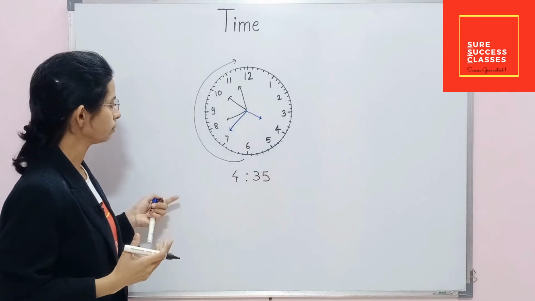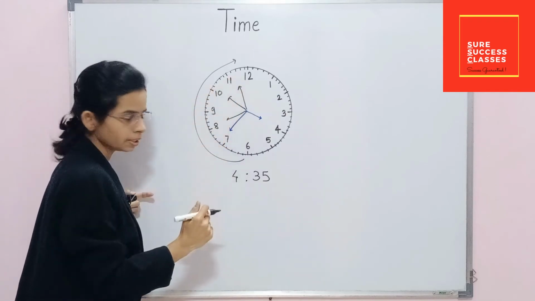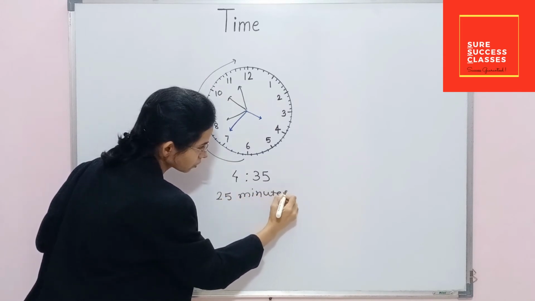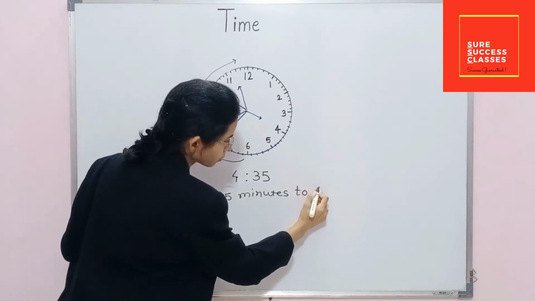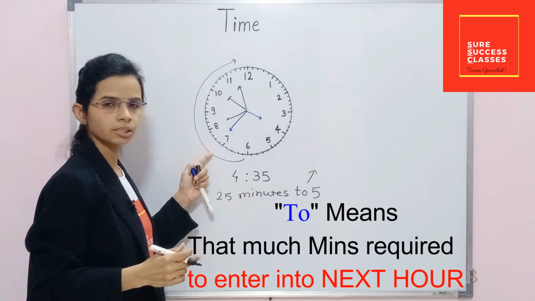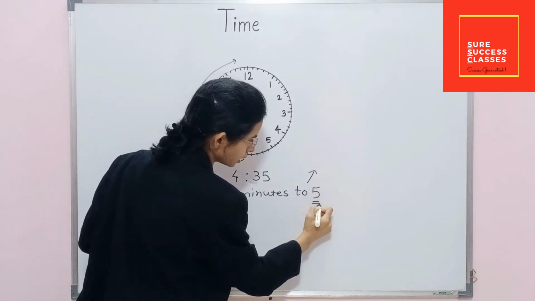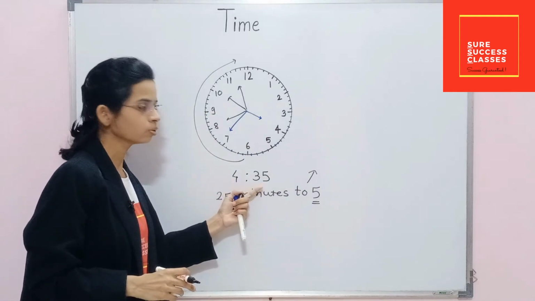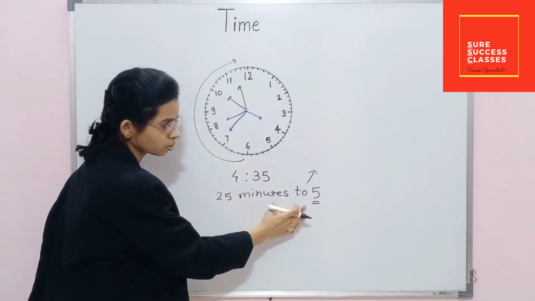But when we tell the time, we tell it as 25 minutes to 5. Here 'to' means that much minutes are required to enter into the next hour. Here we take the next hour when we tell the time. So 4:35, when we tell this time, we use 25 minutes to 5.